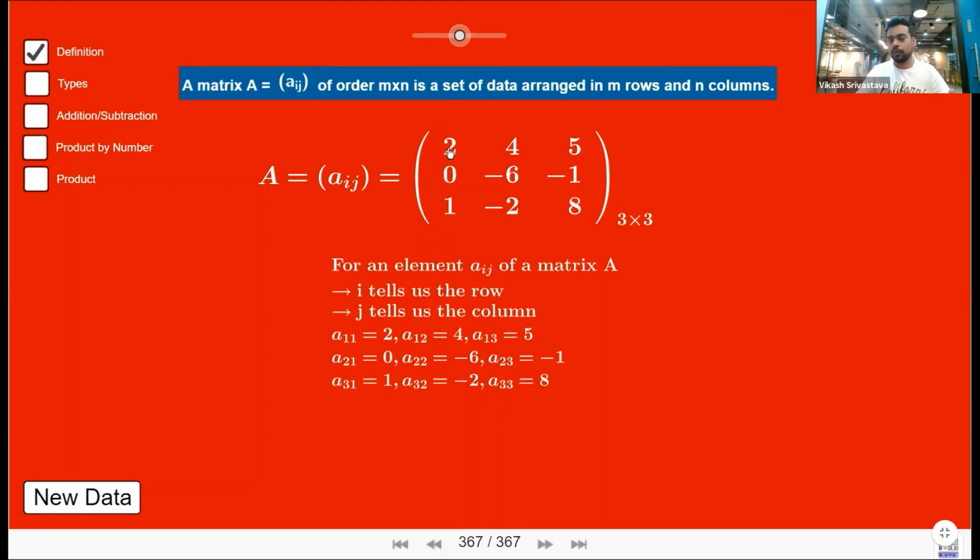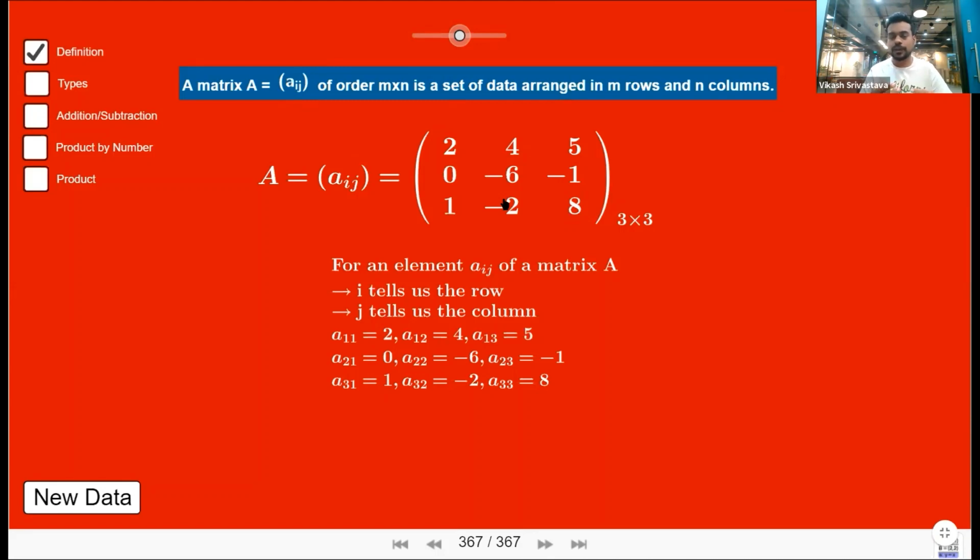If I wanted to locate the element -6, I would need to go to the second row and, of course, the second column. Similarly, to refer to this element -2, I would go to the third row and look at the second column. So -2 sits in the third row and the second column.